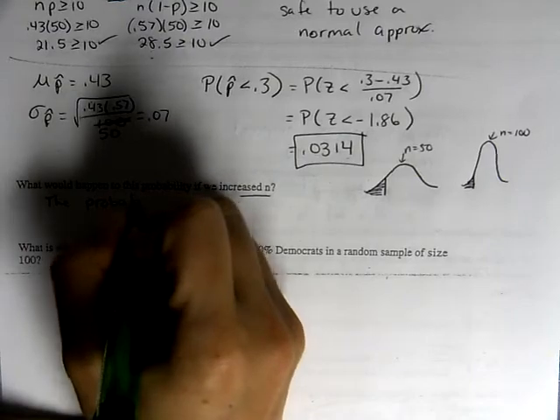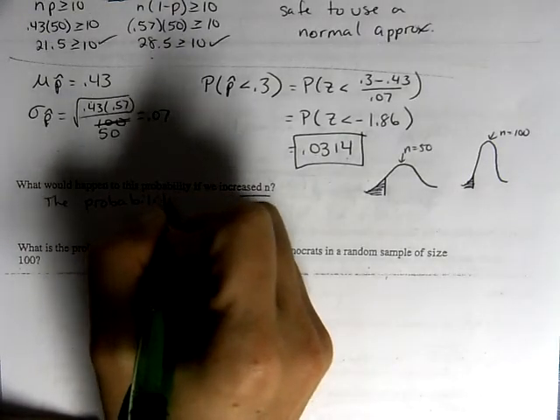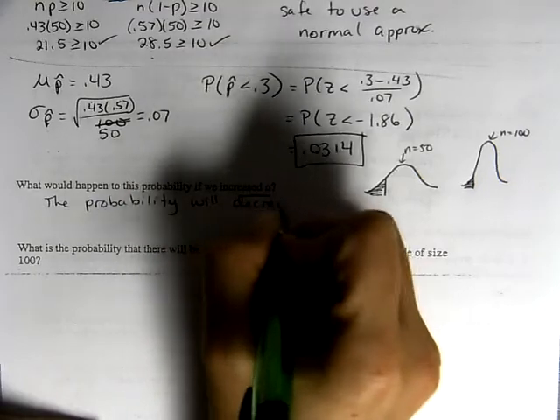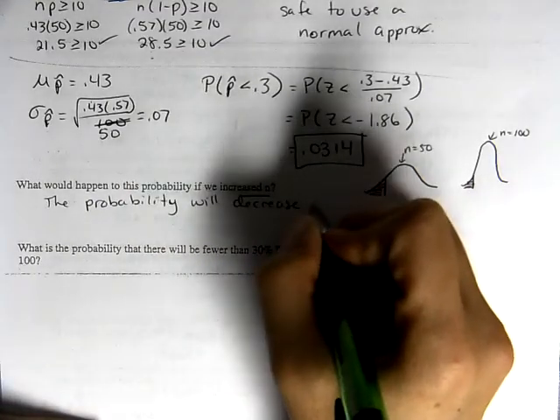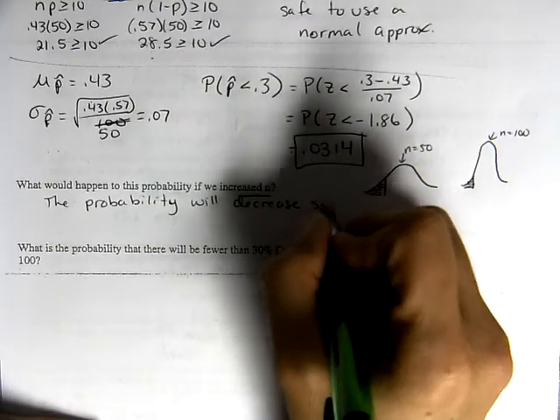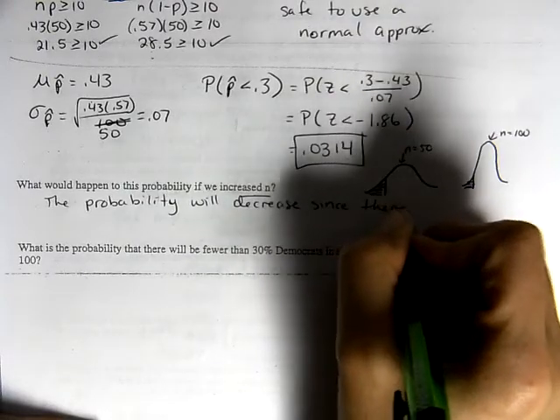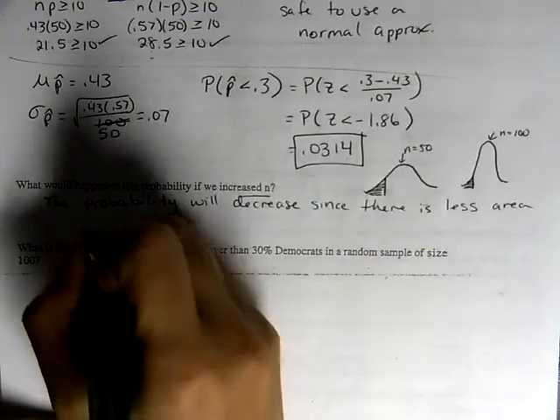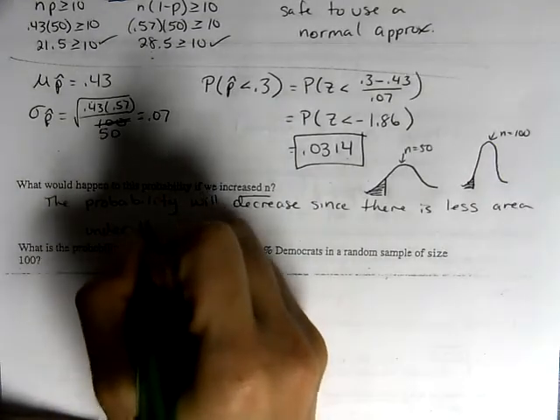the probability will decrease, since there is less area under the curve.